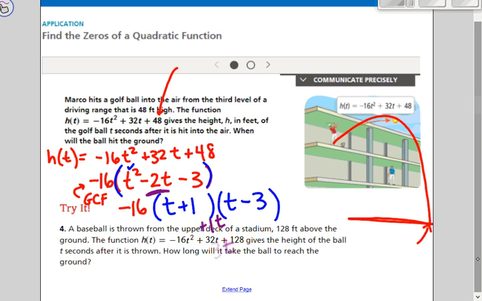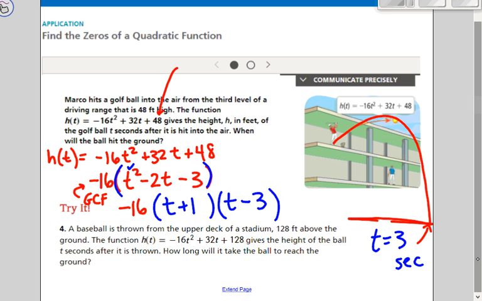So, if you went ahead and graphed this and looked at where it hit the ground, maybe what you can do is graph this in y1 and this in y2. See how I did on my factoring job there. They should produce the same parabola. Now, you're probably finding positive 3 as your t value, 3 seconds.